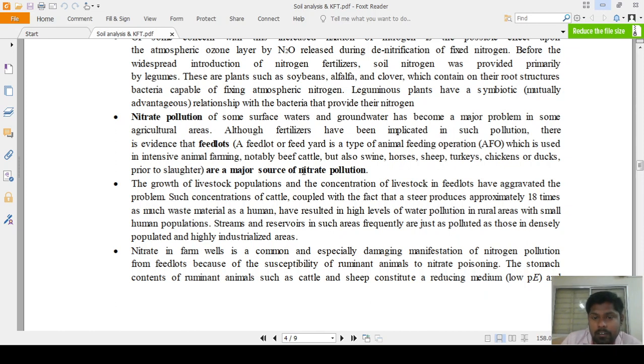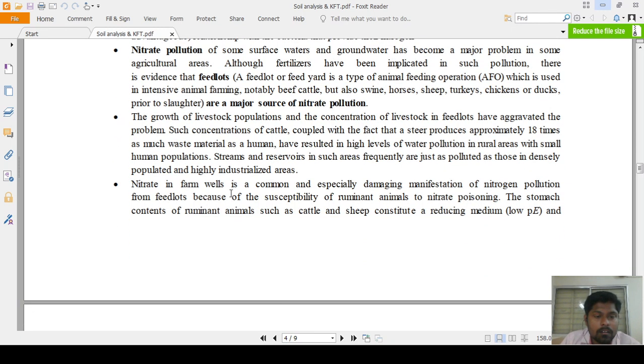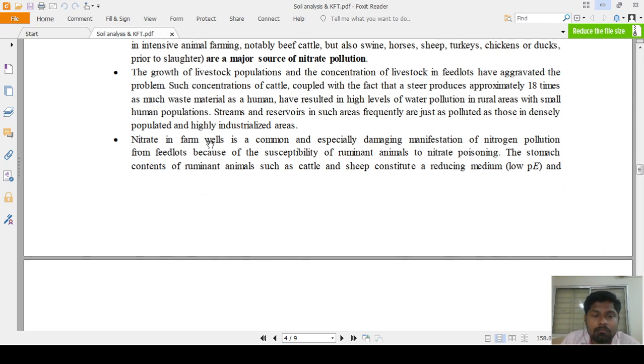Major source of nitrate pollution. The growth of livestock populations and the concentration of livestock in feedlots have aggravated the problem. Okay, nitrate in farm wells is common, and especially damaging is the manifestation of nitrogen pollution from feedlots because of the susceptibility of ruminant animals to nitrate poisoning.